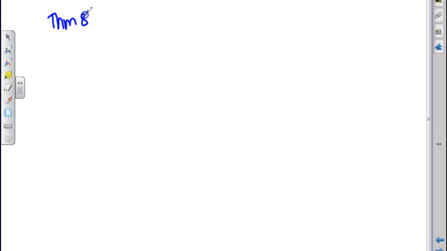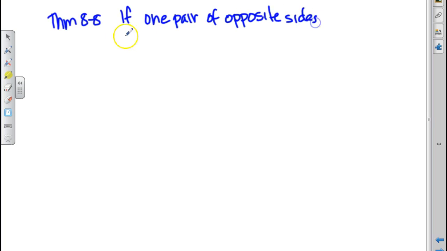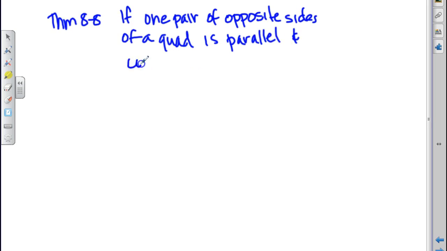Theorem 8.8 says, if one pair of opposite sides of a quadrilateral is parallel and congruent, then the quadrilateral is a parallelogram.